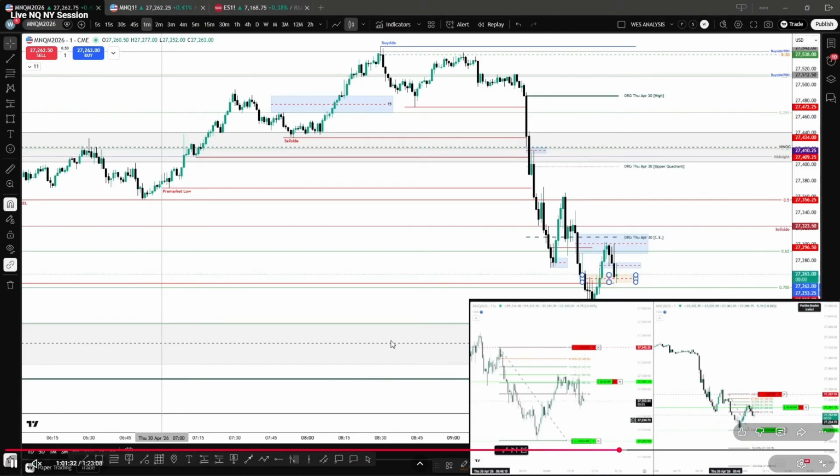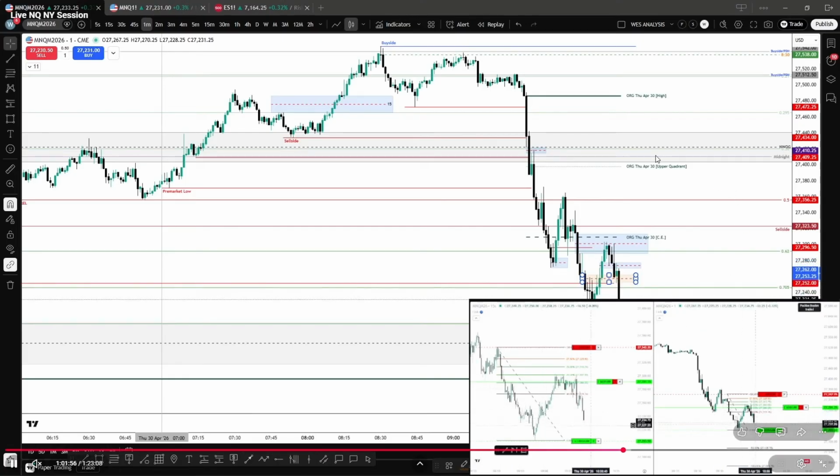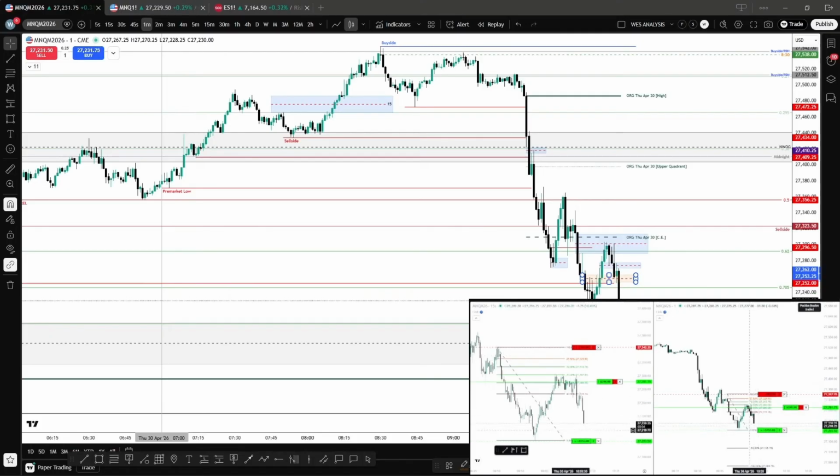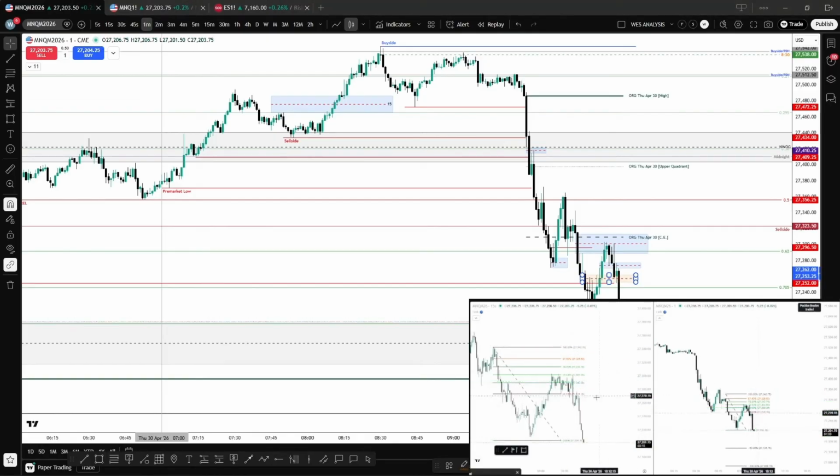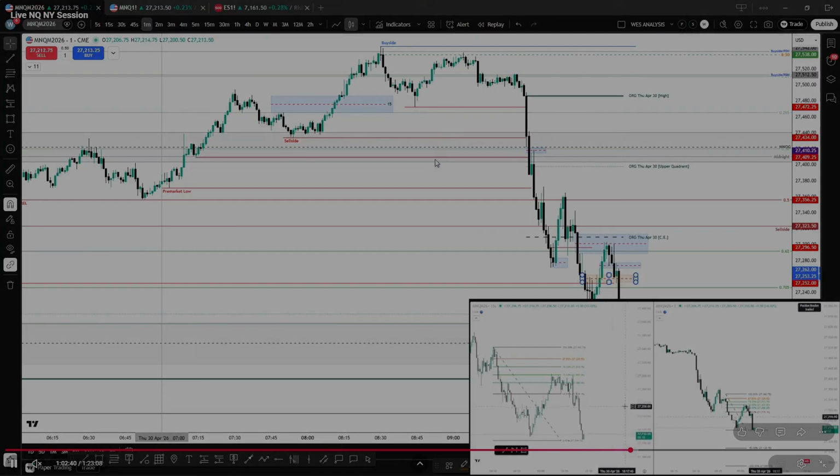Now I'm targeting the shaded area down here, which is also just below that low. And there's the trade. That's that.